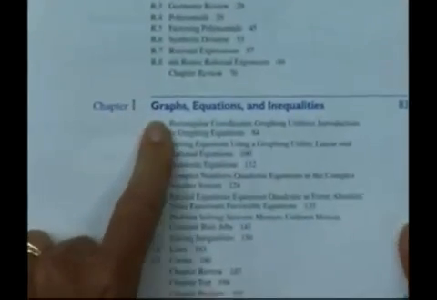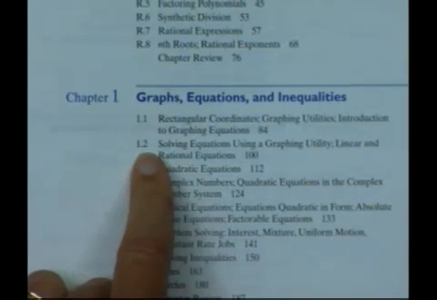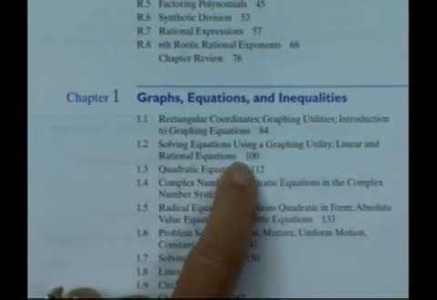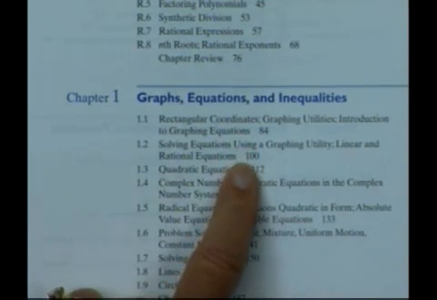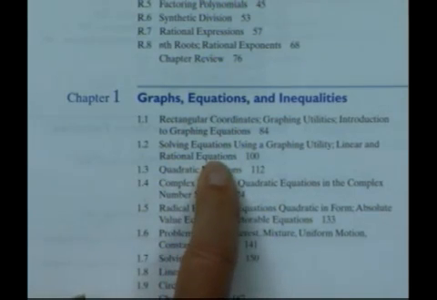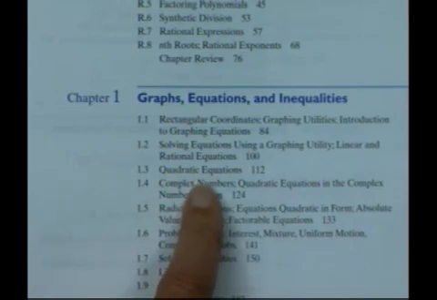If you look at chapter 1, you will see solving equations, and there's linear and rational expressions. Where do I see solving equations? There's quadratic equations. Oh yeah, equations, excuse me, I couldn't read. I'll blame it that I couldn't see it. Okay, solving linear and rational equations, thank you, not expressions.